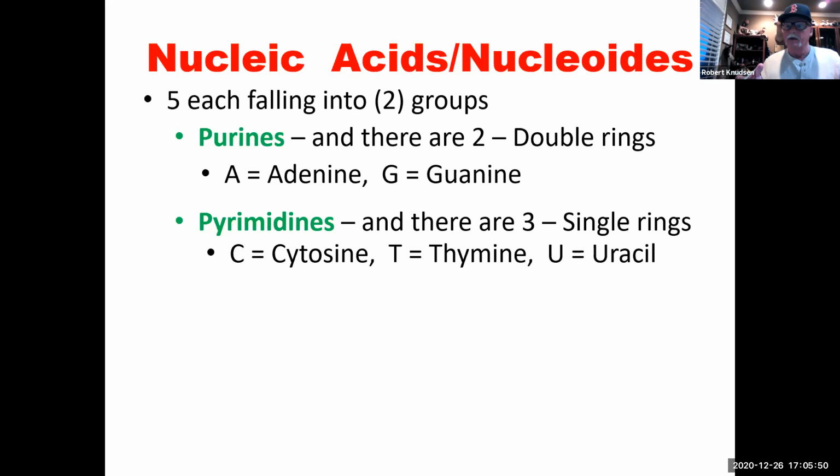Here are the three components: phosphate, sugar, nitrogen base. And I picked the nitrogen base as adenine and cytosine. I could have made it guanine, uracil, or thymine. You get it?